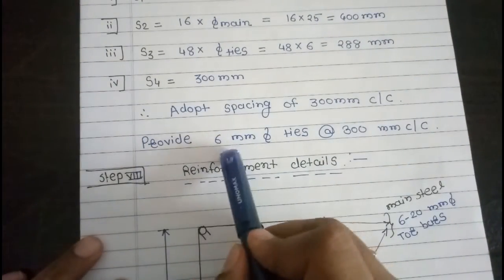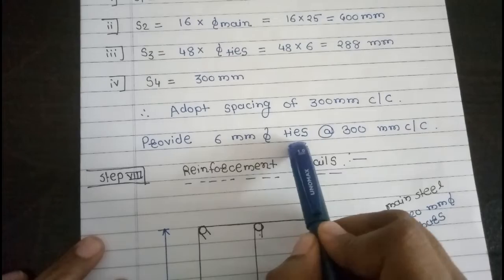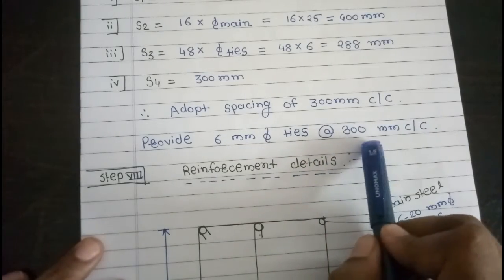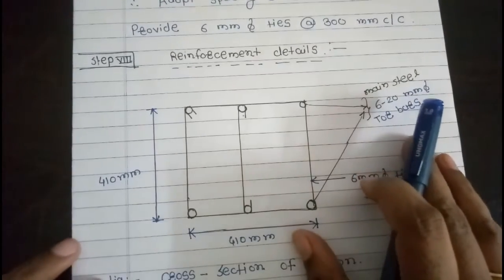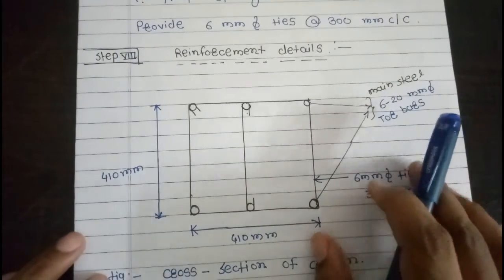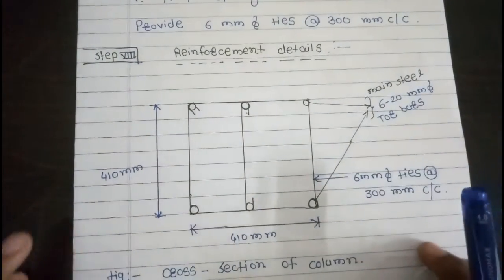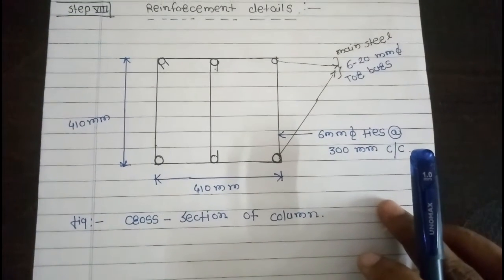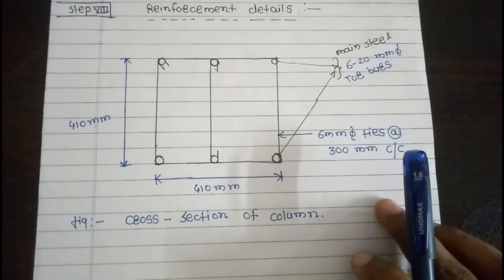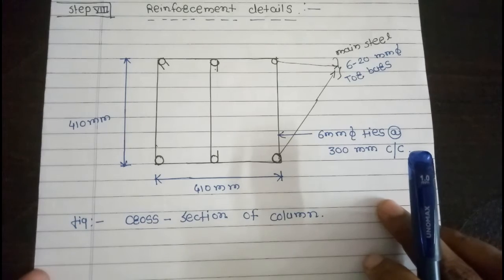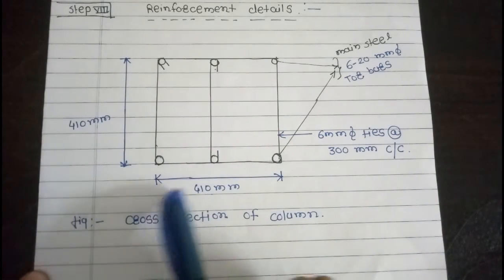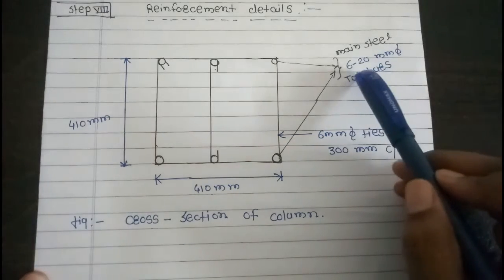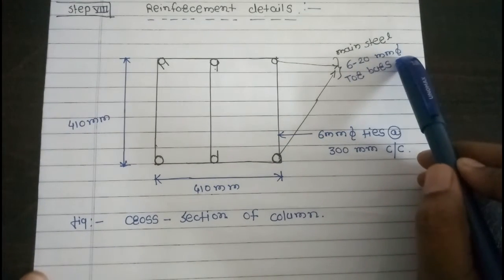Provide 6 mm diameter ties at 300 mm center to center. Okay. Step 8, reinforcement details. You can see this diagram, the cross section of the column. In the reinforcement detail, this is the side 410 by 410, with 6 bars of 20 mm diameter.